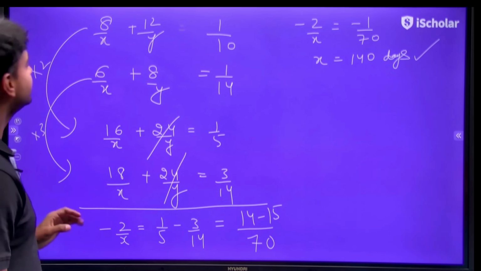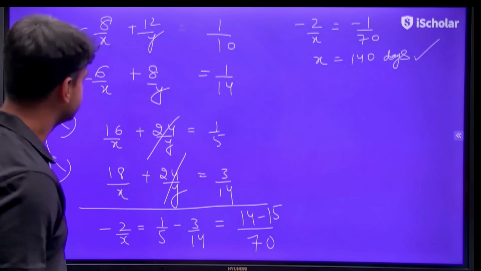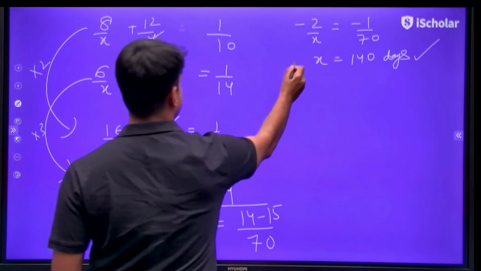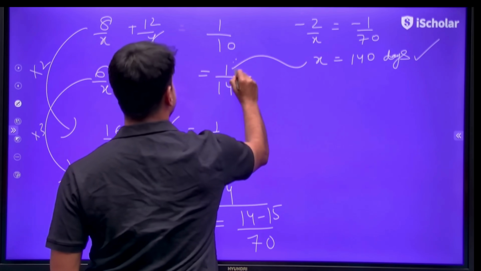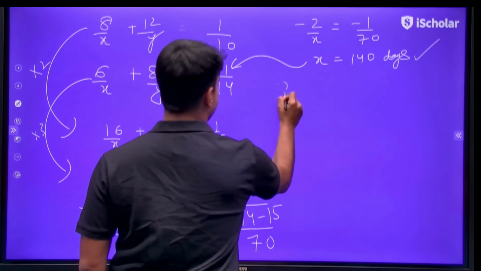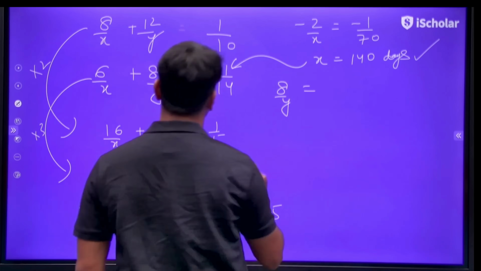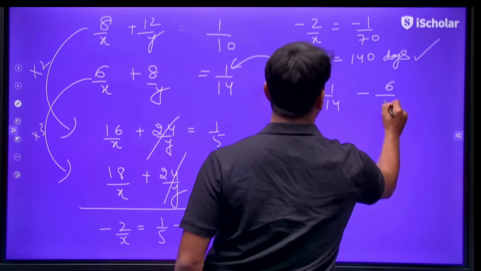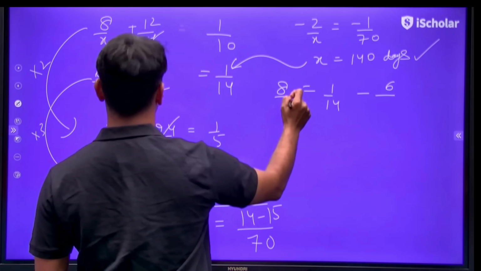Now I want the answer for y as well. So I will substitute in the second equation. So I'll get 8 over y is equal to 1 by 14 minus 6 over 140. Correct?